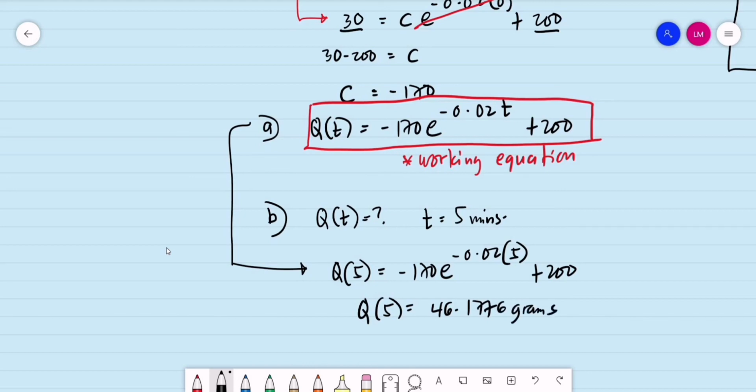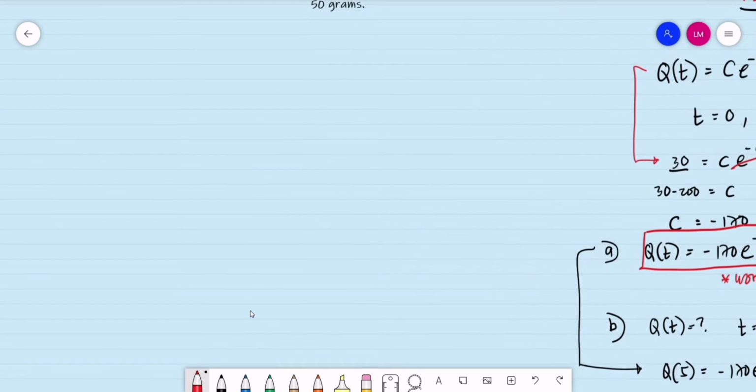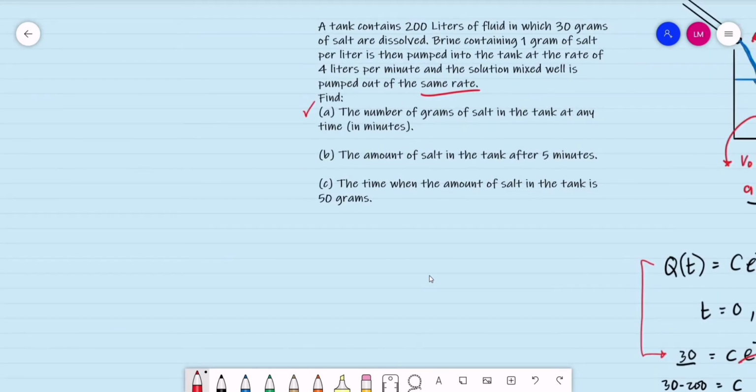So there will be 46.1776 grams of salt after 5 minutes. Okay, so again, that is for letter B. So we are now able to answer letter B.